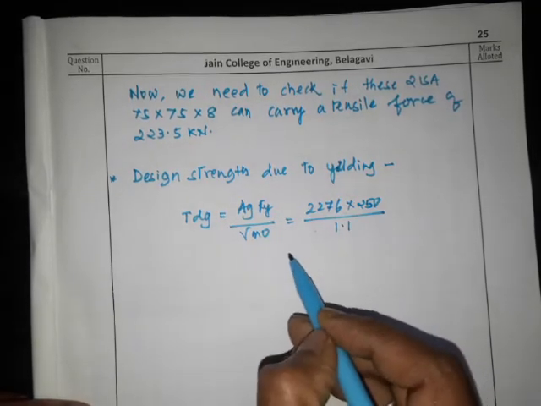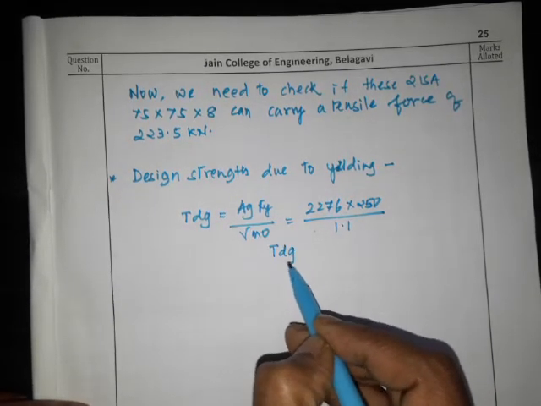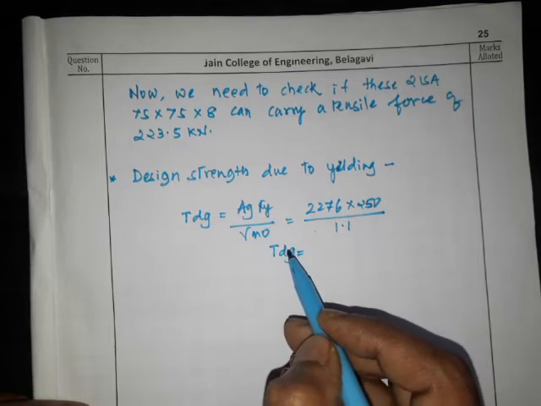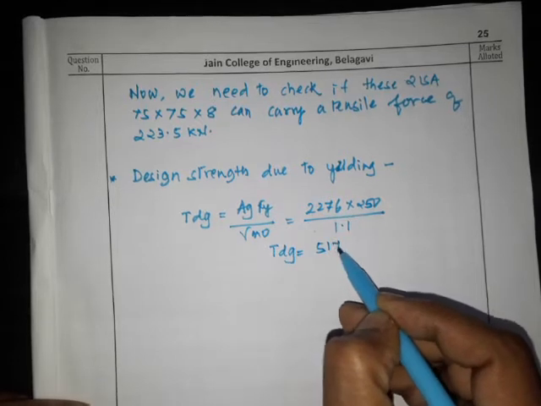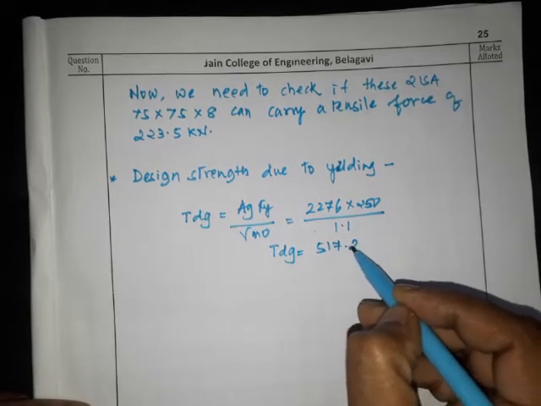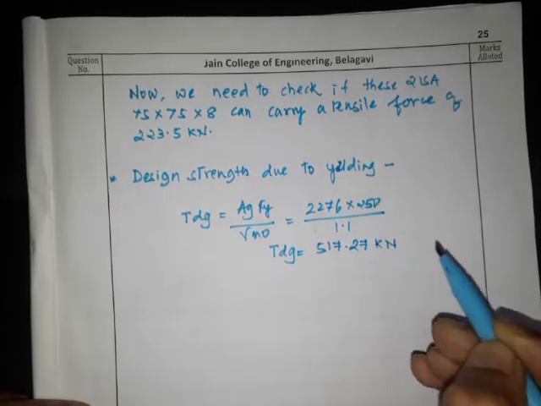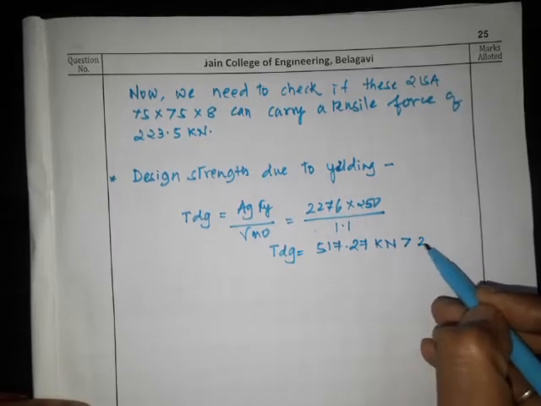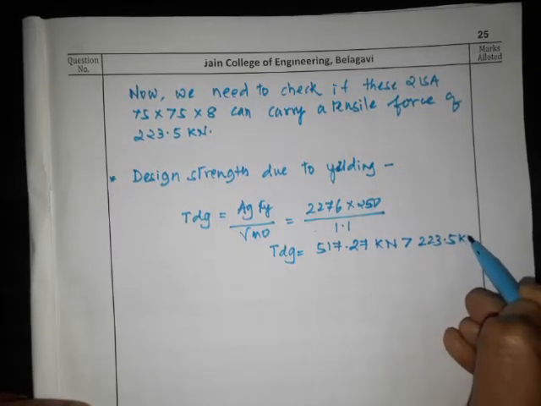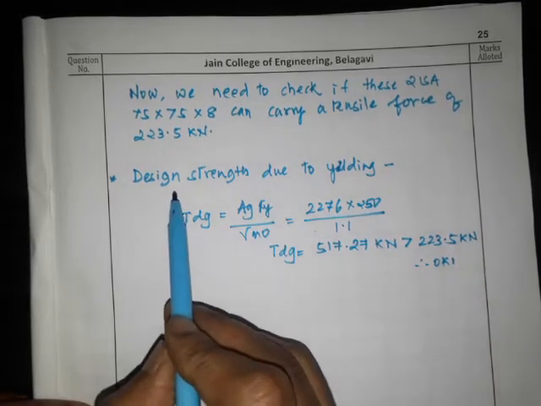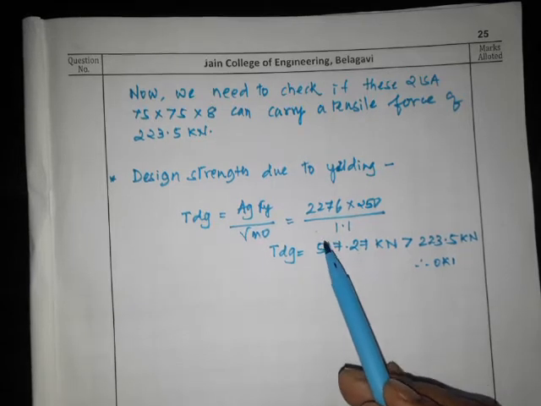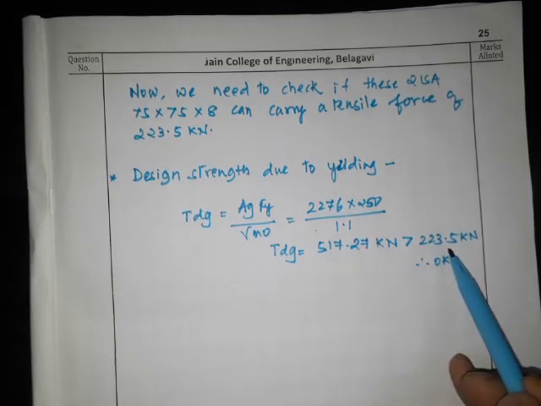So we get the strength of the member due to yielding. It is 517.27 kilonewton, which is more than 223.5 kilonewton. Therefore, okay. So here the member is safe to carry a force of 223.5 kilonewton before failure due to yielding.